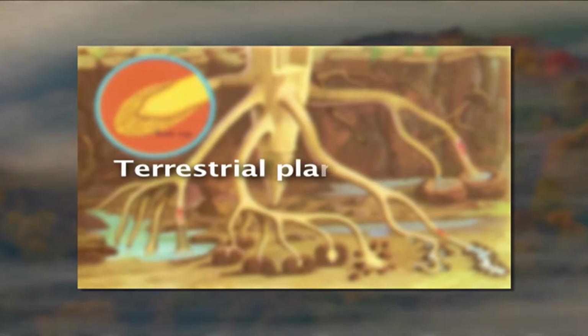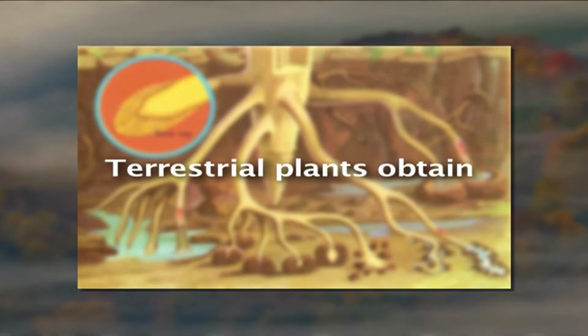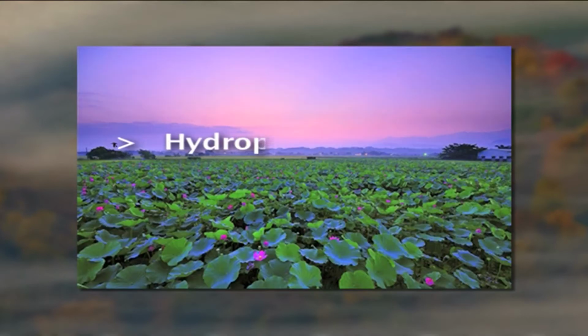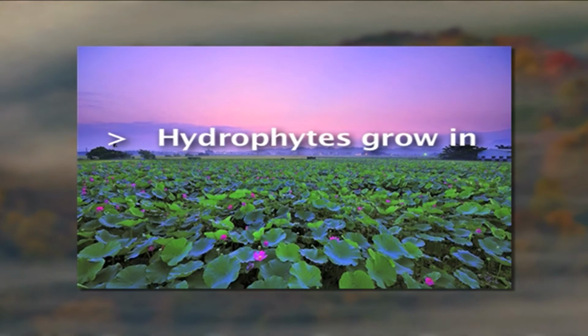Now, the third climatic factor is water. Water is an essential factor for biochemical plant processes including photosynthesis. Plants growing on lands obtain their water requirements from the soil through their roots. Hydrophytes grow in fresh water and they cannot withstand drought.